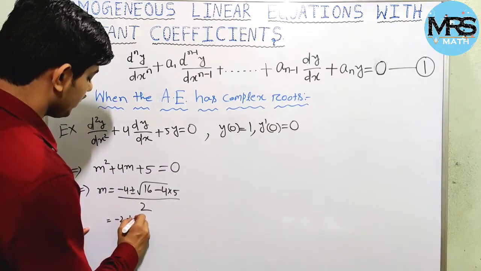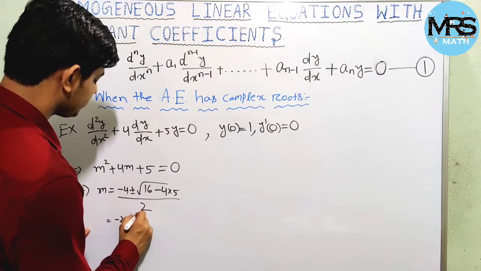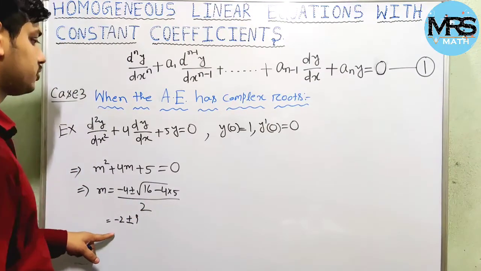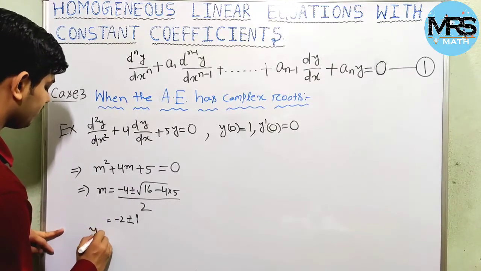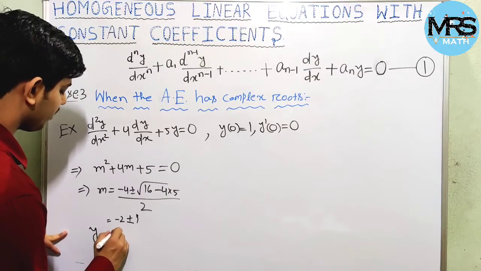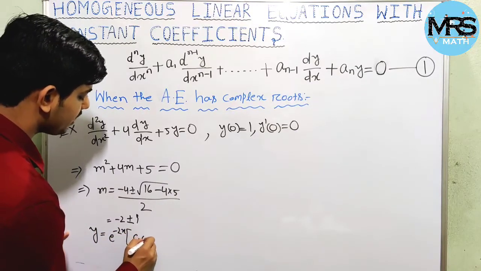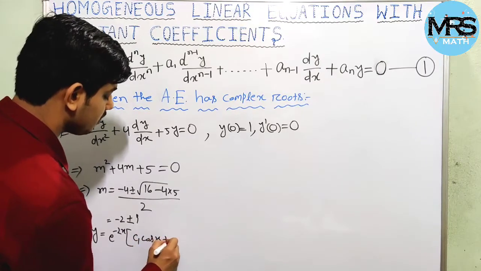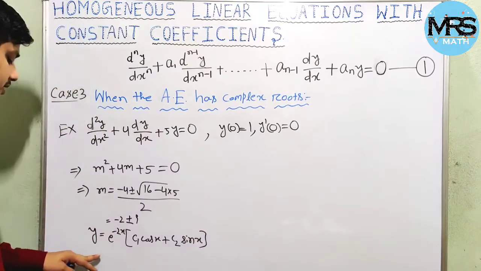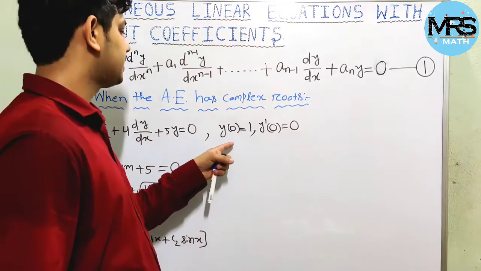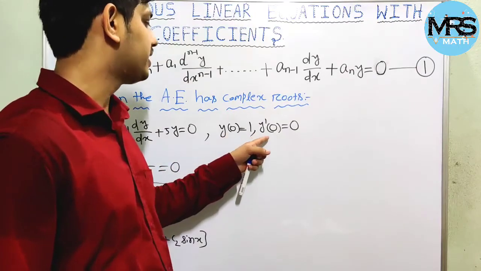So you will get only this 2, it will cancel. So minus 2 plus or minus i. So what will be the general solution in this case? That is y will be e to the power minus 2x into c1 cos x plus c2 sin x.